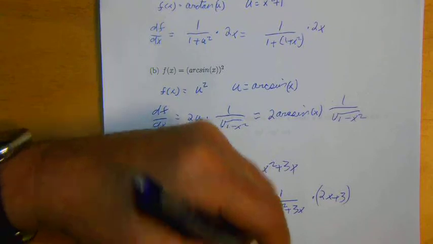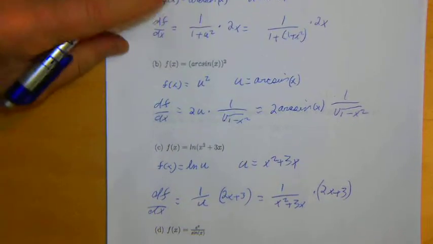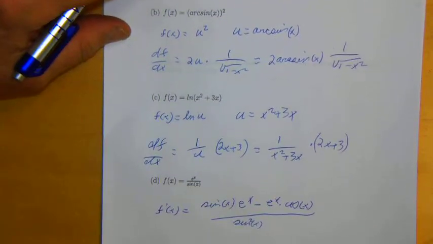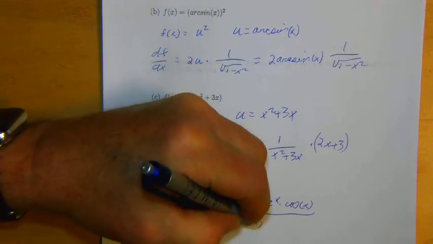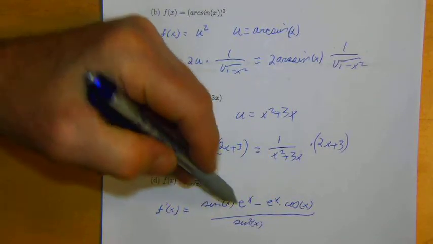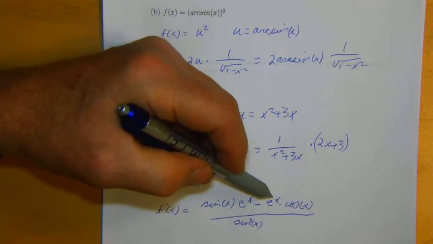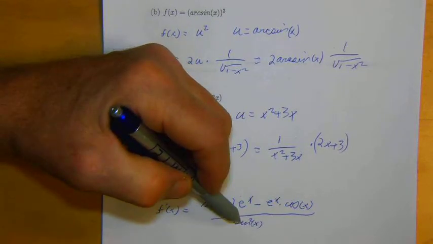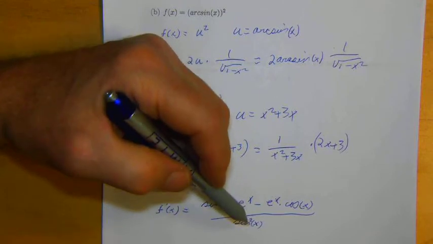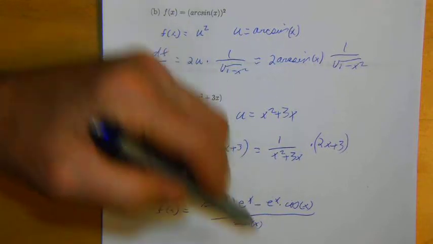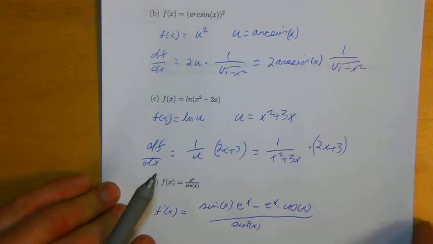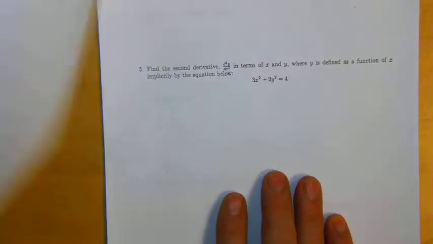You can put the 2 there, or you can put it over. Whoops. I missed that, sorry. I put the squared right there. You could have put brackets and put squared if you wanted. Okay. Next.